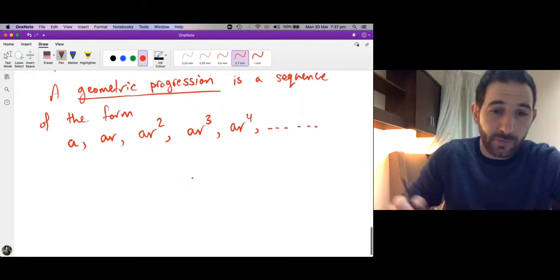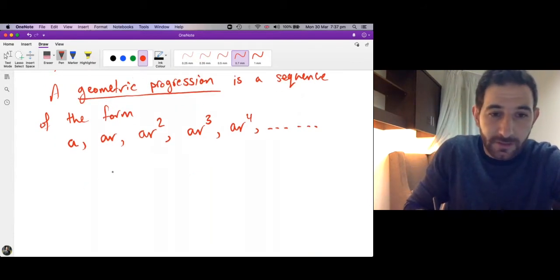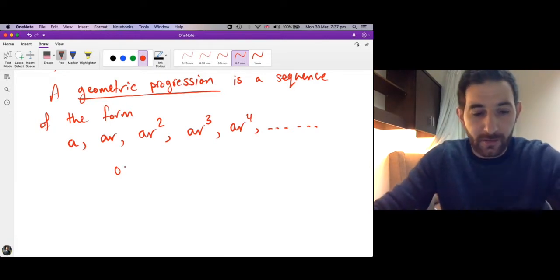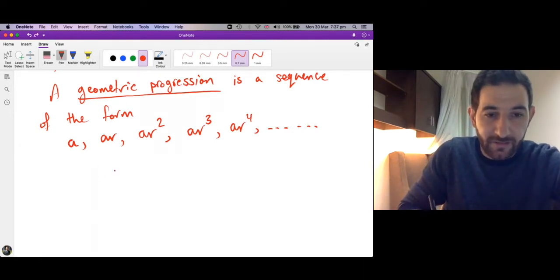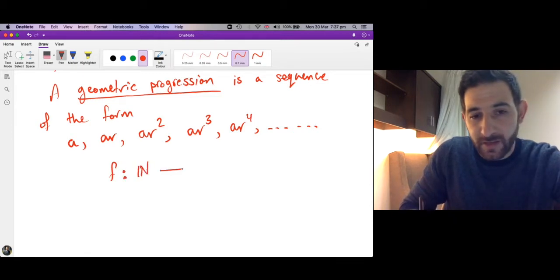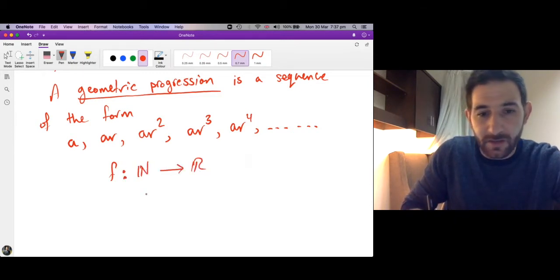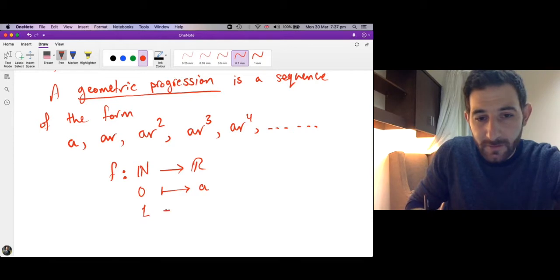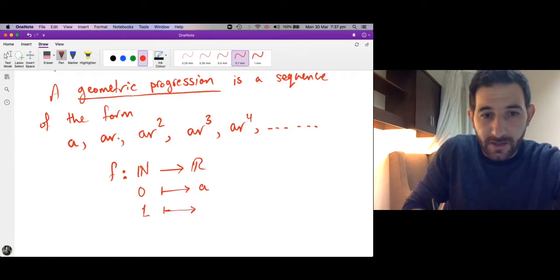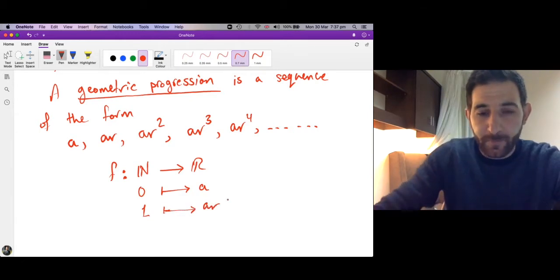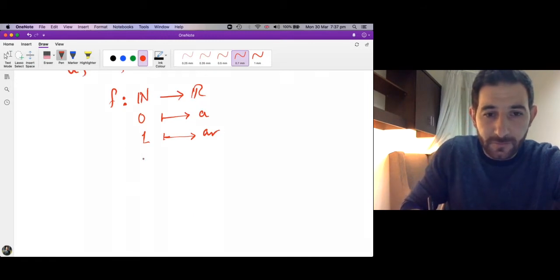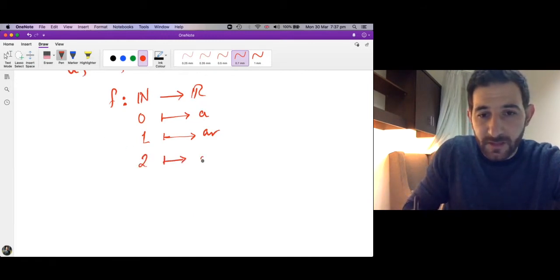Okay, so again, how would we think of this as a function? We can think of this as a function, say f, with domain the natural numbers and codomain the real numbers. So the image of 0 under f is A, and the image of 1 is the next one, AR. The image of 2 is AR squared.